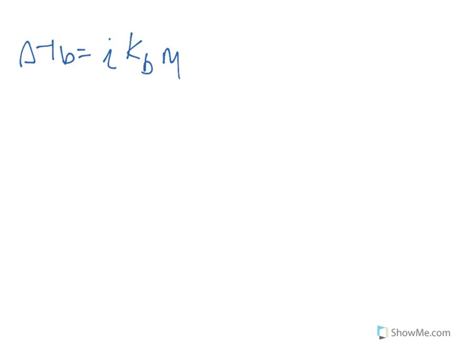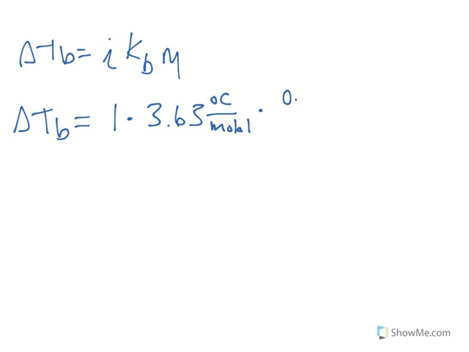So we know delta Tb is going to be equal to 1 from our Van't Hoff factor, times Kb for our chloroform, which is 3.63 degrees C per molal, times our molality. In this case our molality is 0.36 mole of I2 divided by 0.8 kg of chloroform.